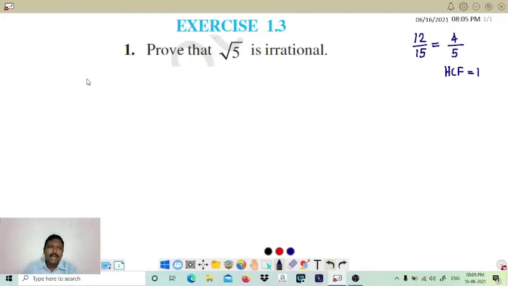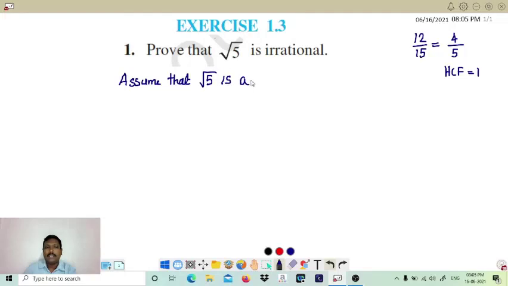First we have to assume that root 5 is a rational number.